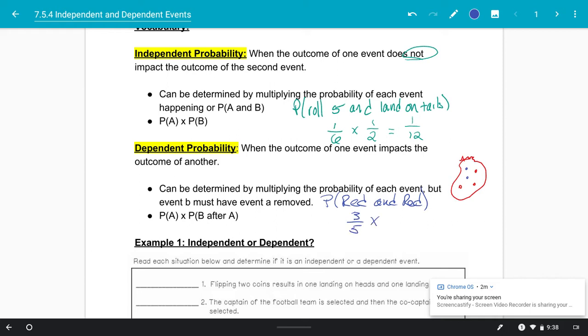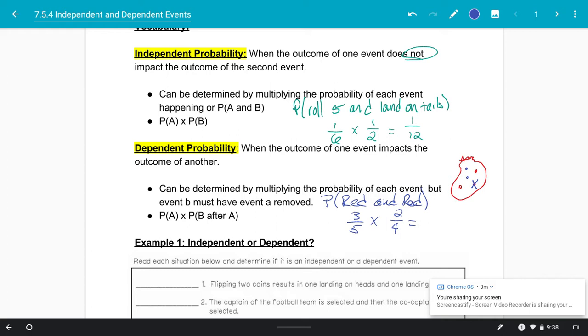Now I have to calculate the probability of getting a red after I've already taken one out of the bag. If I've already taken one out, this red no longer exists. So now my probability of selecting a red on the second pull is going to be 2 out of 4. We have to be really careful here that we have that dependent event. It's going to depend because I've already taken one out, so it's going to change how many reds are available, and how many marbles are available in the bag to begin with.